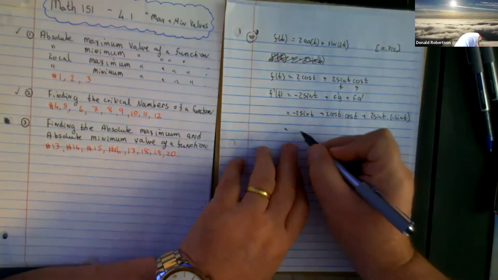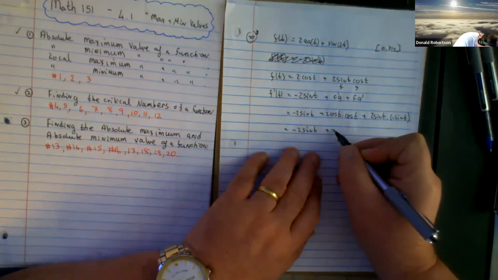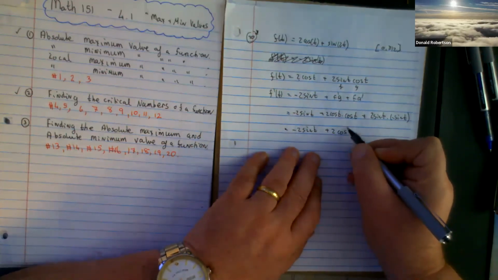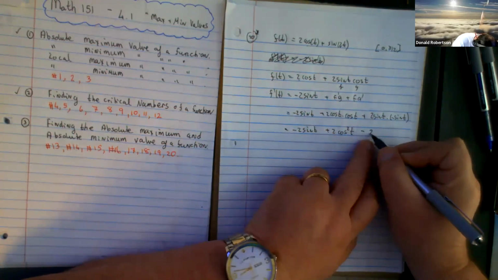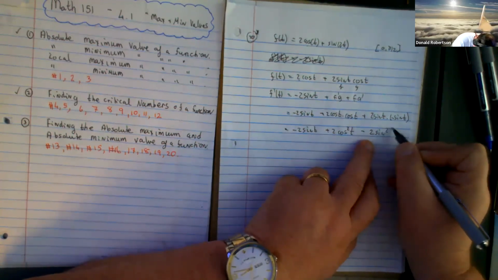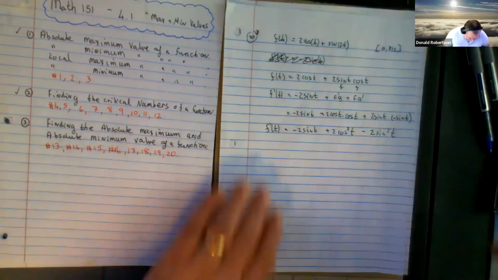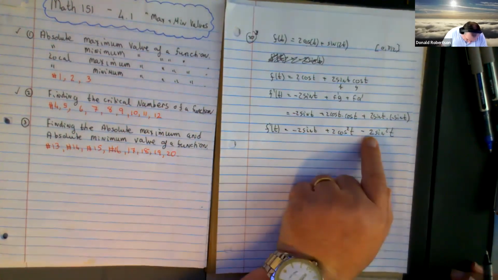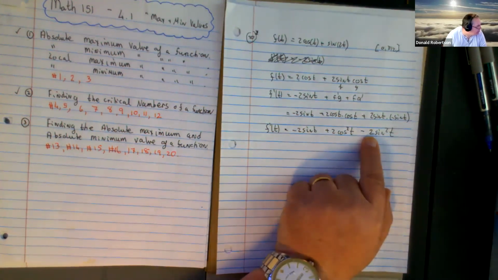And it looks like I've got -2 sine t plus 2 cos squared t minus 2 sine squared t. And I wish that had been a plus, but it isn't, and I know it isn't, so I'm not going to be too concerned that it didn't end up being nice.